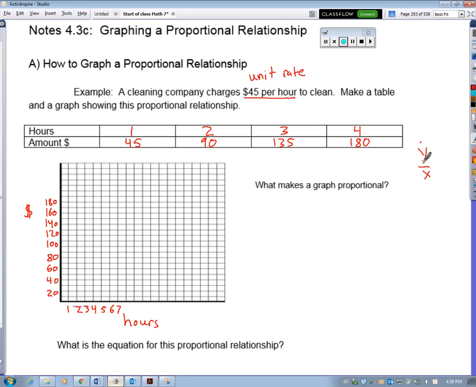So looking at this, hours does not change, but the amount of money being charged can change depending on which company you use to clean or any other factors. So here's our x and here's our y. We're not going to set up our y over x fractions because we already know that these would come out to 45, because we just did the math and we were told that they were going to be 45.